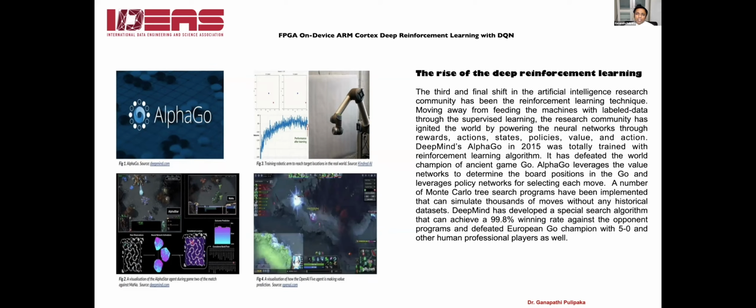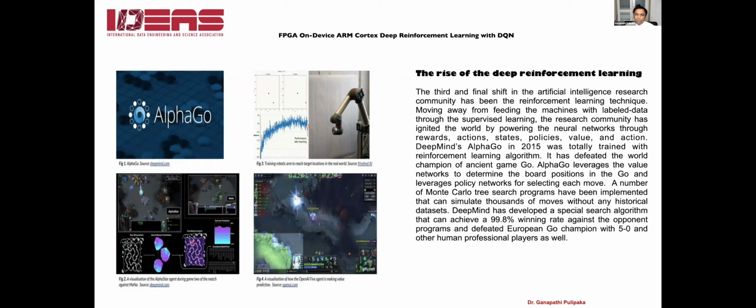So we can say that the third and final shift in artificial intelligence has been reinforcement learning, especially in 2015, when DeepMind's AlphaGo was successful. The way it has been constructed is with Monte Carlo tree search algorithms. Before the other person can think about a move, it works out how to make a move in AlphaGo.